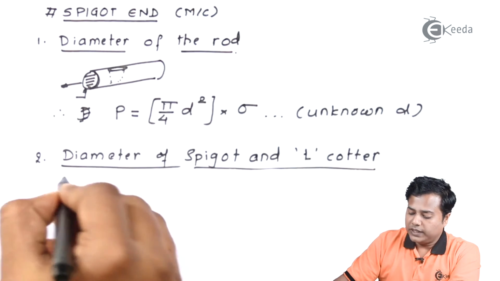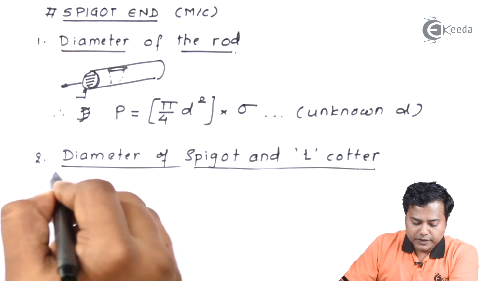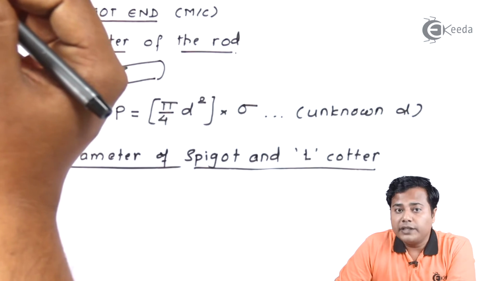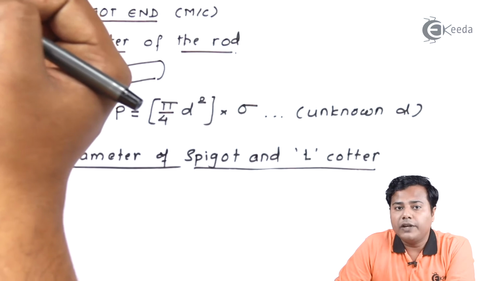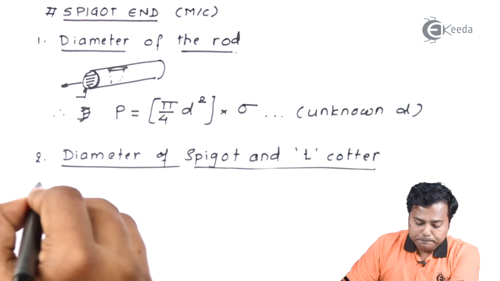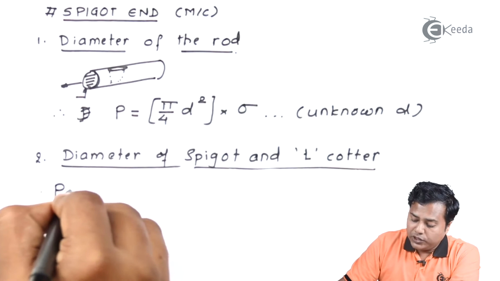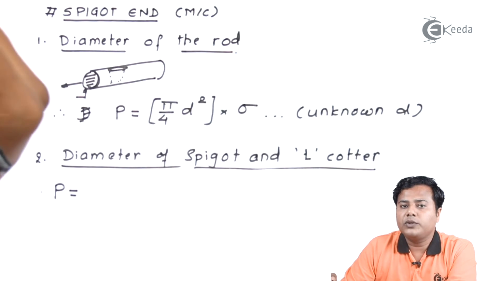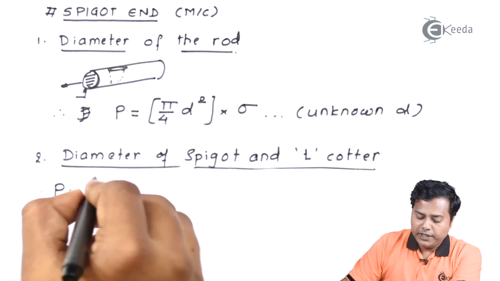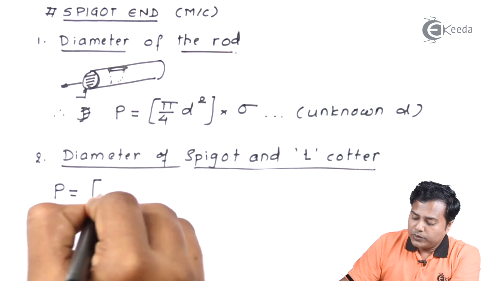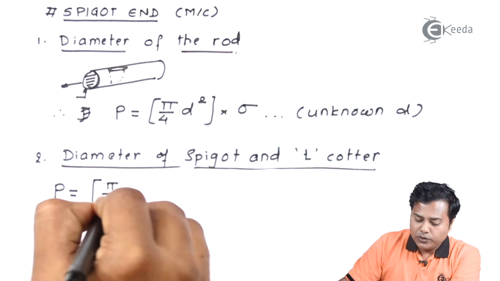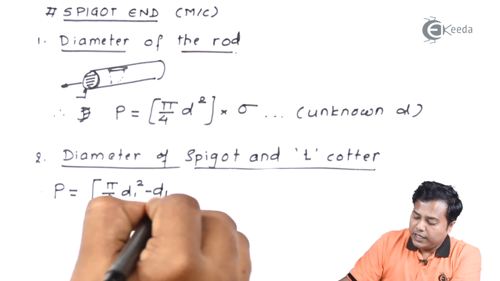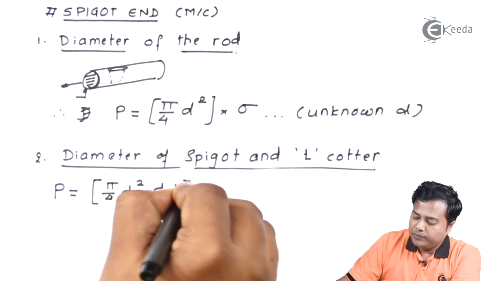The formula says that this part also is going to fail under tension, so we have to consider the tensile failure, and again the axial load is equal to, whenever it's a failure in tension or compression, we have to consider axial loading. P is equal to pi by 4 D1 square minus D1 into T.